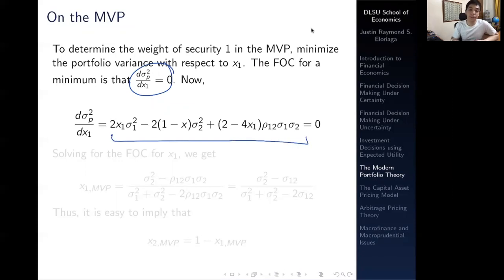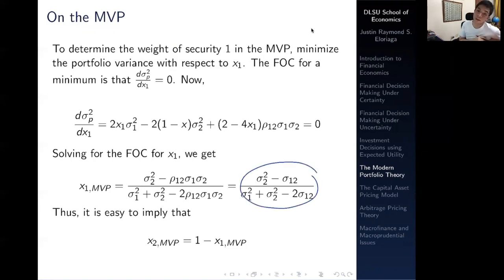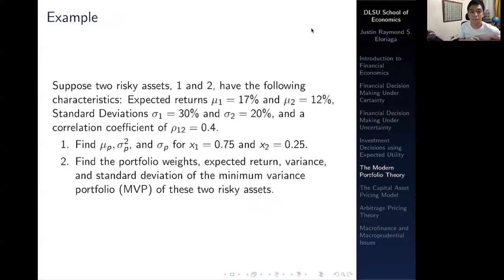And if we simplify and solve for x1 in this case, we're going to be left with this formula here, which is standard in the world of finance. And it's easy, of course, to imply that x2 is just 1 minus x1 MVP. So for us to get the value of x1 that will minimize the overall portfolio variance, we need to use this particular form here. Okay, so that's pretty straightforward.